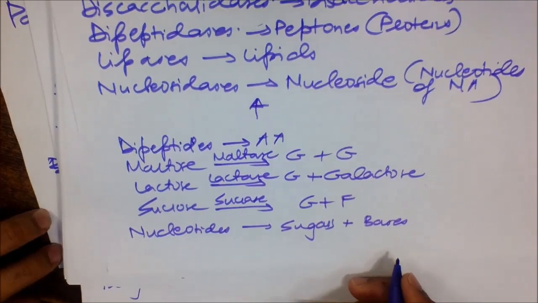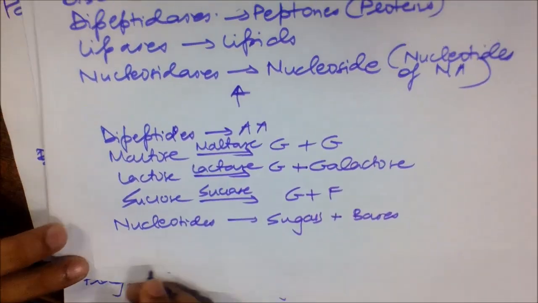Di and monoglycerides in the presence of lipases get converted into fatty acids and glycerol.